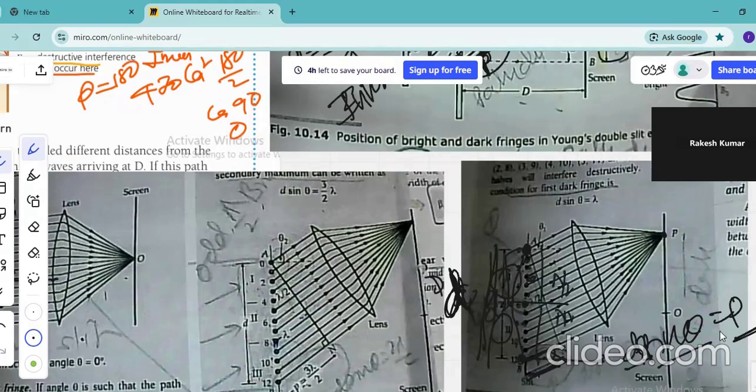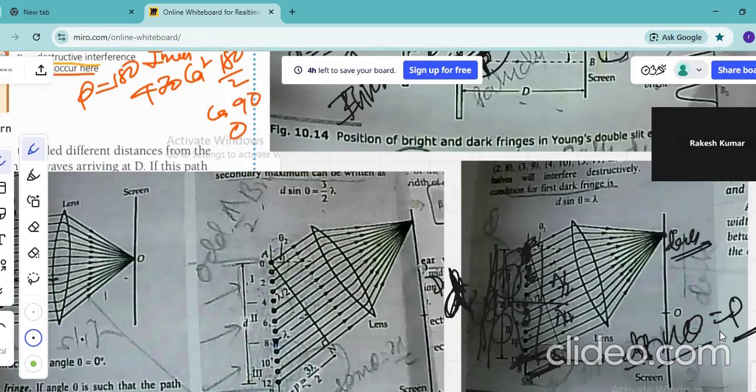That means this will destroy this, this will destroy this, and so on. So it will become dark here, even though the first and the last are 1 lambda apart, because there are so many in between silencing each other half lambda separately. So this is dark here. See the difference in diffraction.